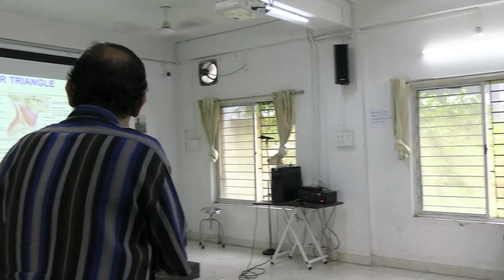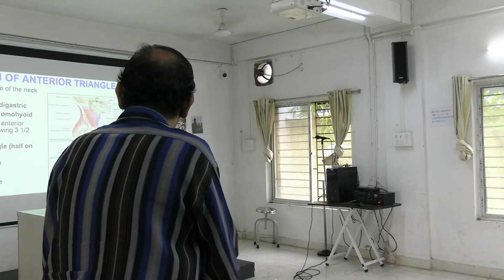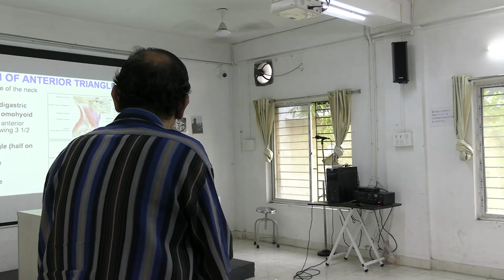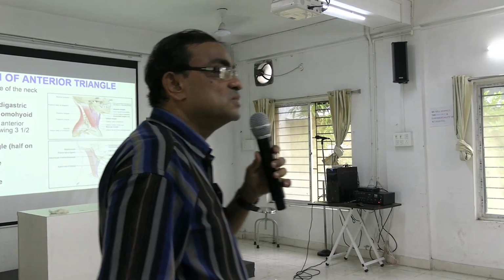So that part is the superior belly, and this is the inferior belly of the omohyoid muscle. Why am I concerned with so many muscles? Because this anterior triangle is divided by the digastric muscle and the omohyoid muscle into several sub triangles.